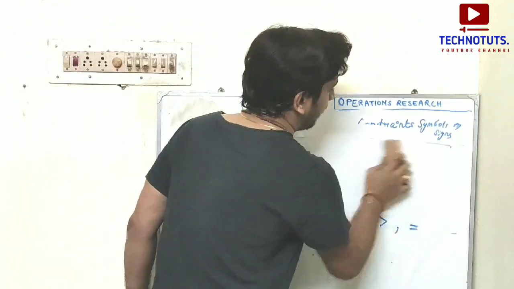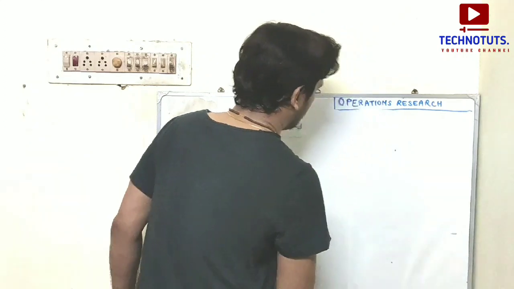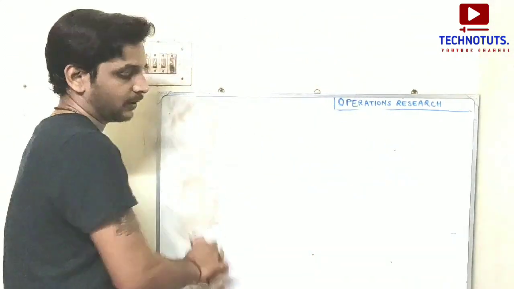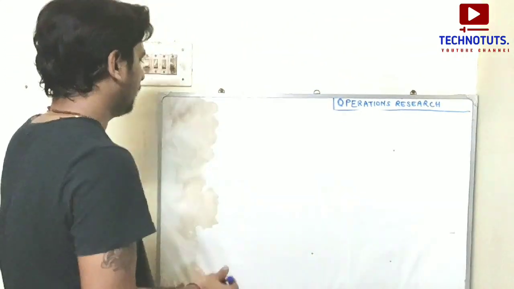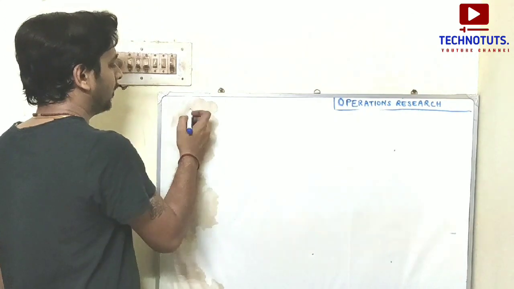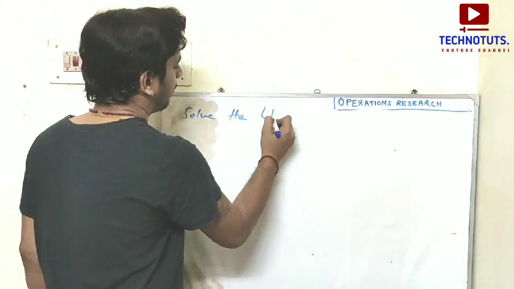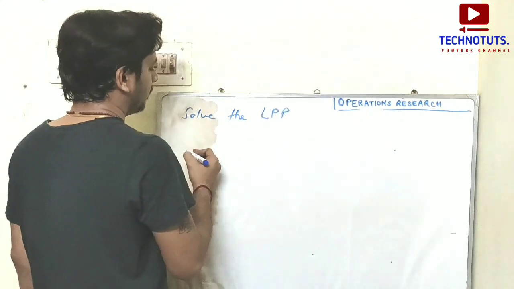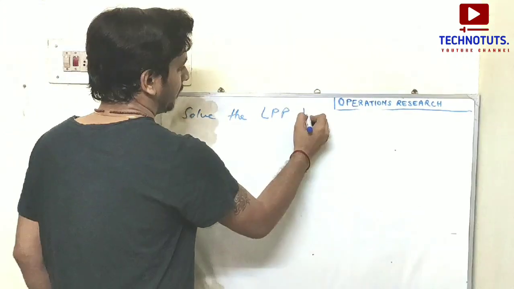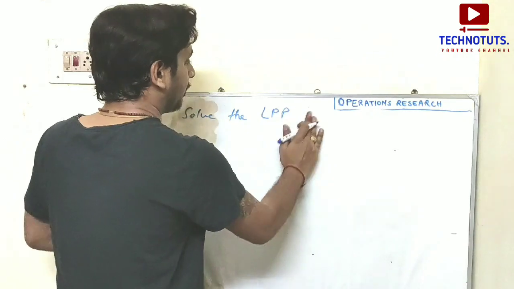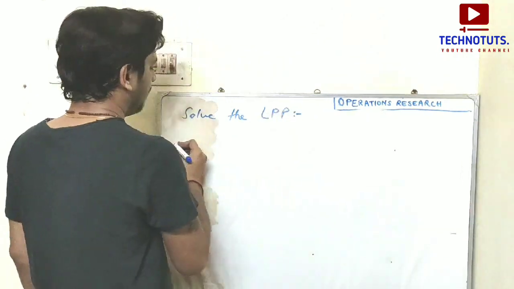Now let us see an example. Solve the linear programming problem; the method is not given.